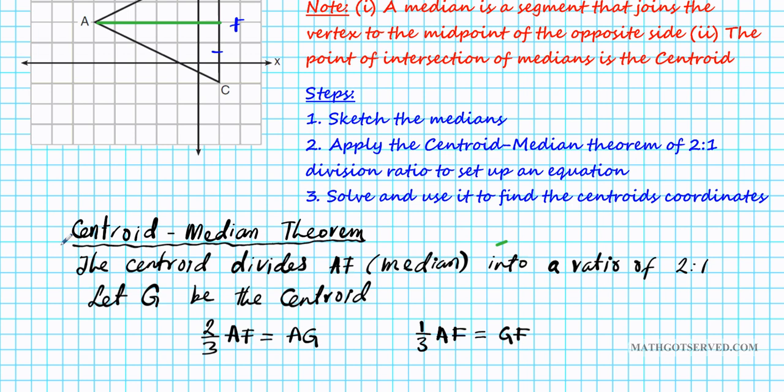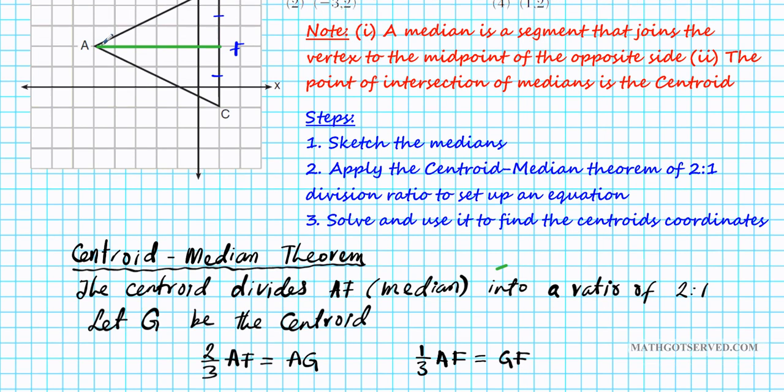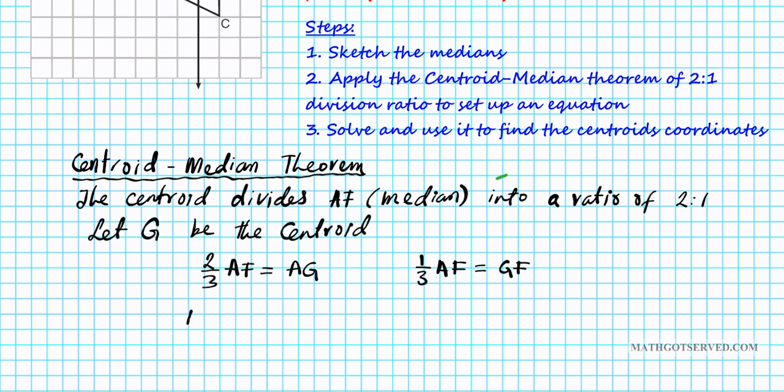All right. So we have a situation right here. AF is 6 units long. 2/3 of this from A would take us to the centroid. So what is 2/3 of AF? What's 2/3 of the entire length? Let's go ahead and calculate it. AF is equal to 6 units.